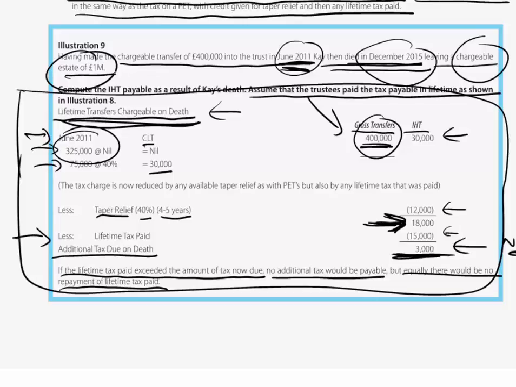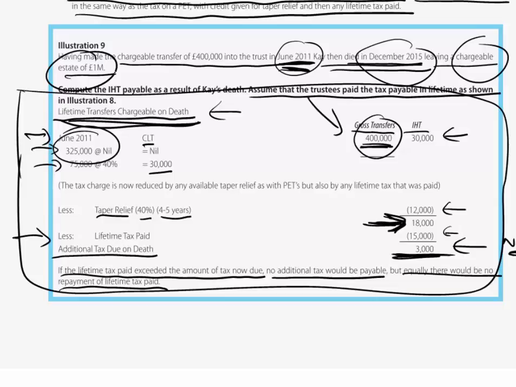So the tax on the chargeable estate, a nice round, though nice is probably not the word we would use in this circumstance, £400,000 of tax would be payable on that chargeable estate of £1 million. So there are your three computations.